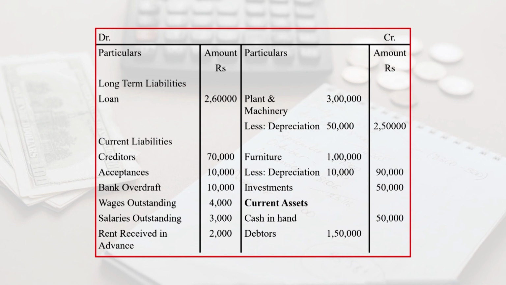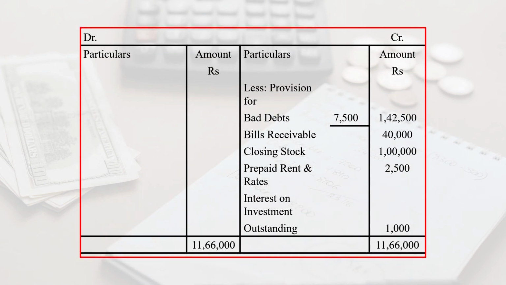Investment 50,000 has been given inside the trial balance. Then the current assets: cash in hand provided inside the trial balance 50,000. Debtors we have been provided 1,50,000. Out of this the new provision will be subtracted. So new provision of rupees 7,500 will be subtracted, and accordingly 1,42,500 will be shown on the asset side of the balance sheet, because from the debtors we subtract only two things in the balance sheet.